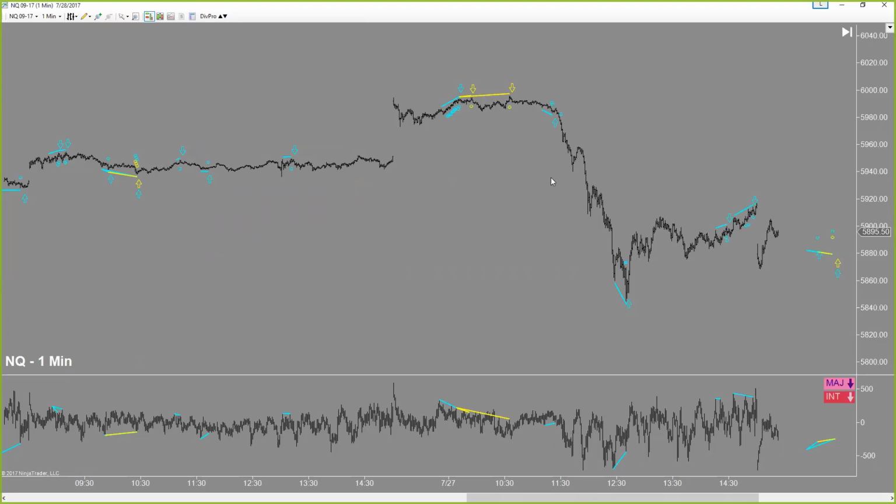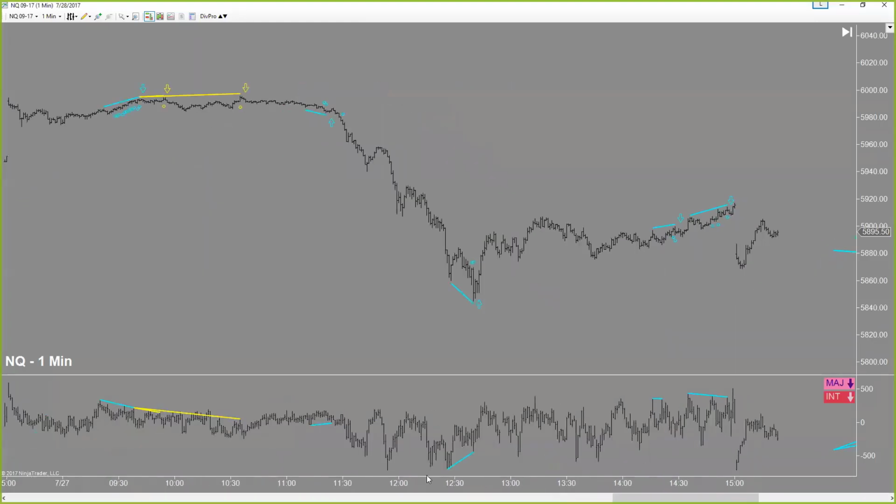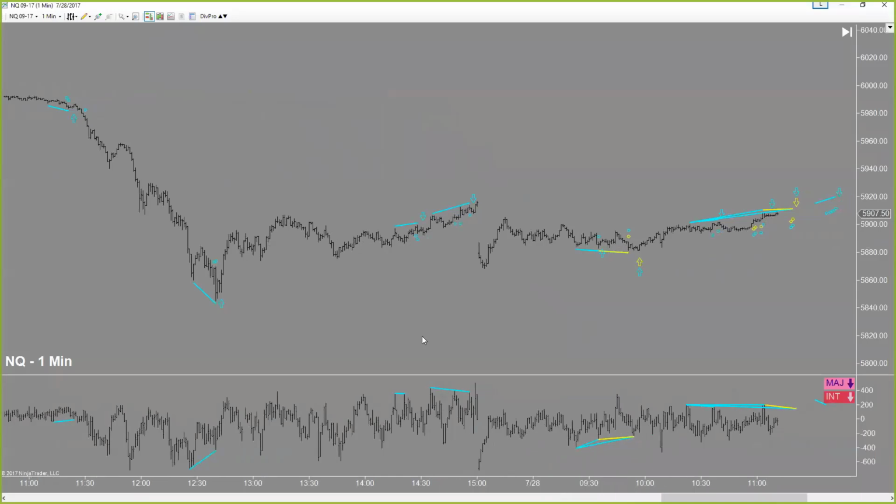But it's really the only divergence algorithm that does what this does. It actually finds all of the cases of divergence as accurately as possible, giving you as much room to specify precisely the way that you want the divergences to look. If you want the oscillator or the instrument in the lower panel to be a certain distance from that previous low for the higher low, you can specify that.